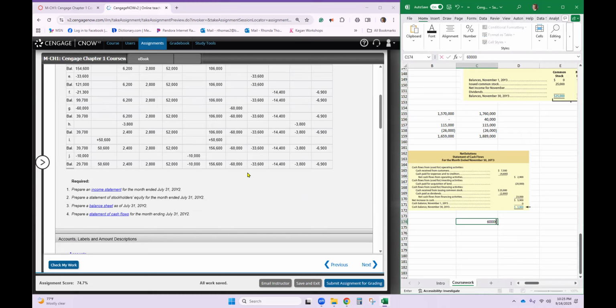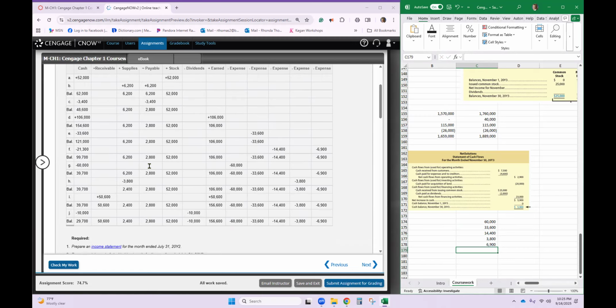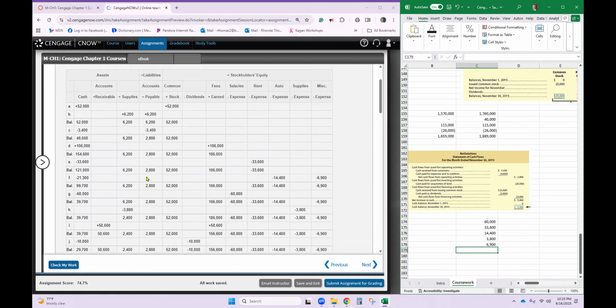Okay. 33,600, 14,400, 3,800, 6,900, and then the amount we paid to a creditor. Okay, a creditor. So we paid $3,400 to a creditor.